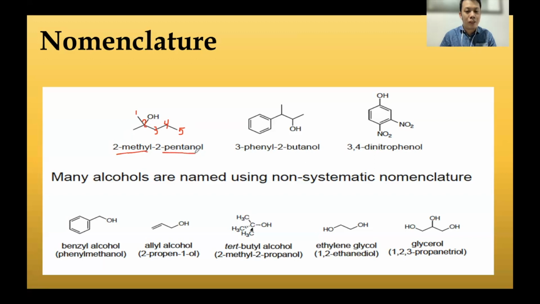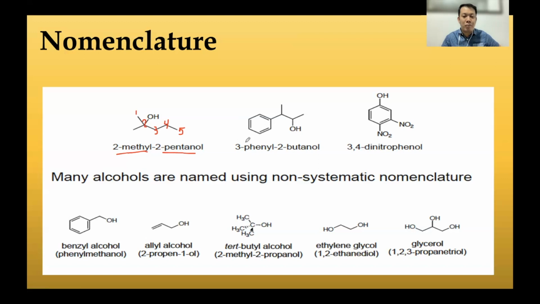So 2-pentanol. Now, on the other hand, I have here an alcohol wherein there is benzene. If benzene becomes your substituent, there will be a different name, so you can use phenyl.